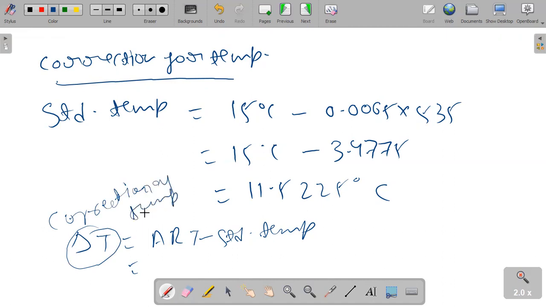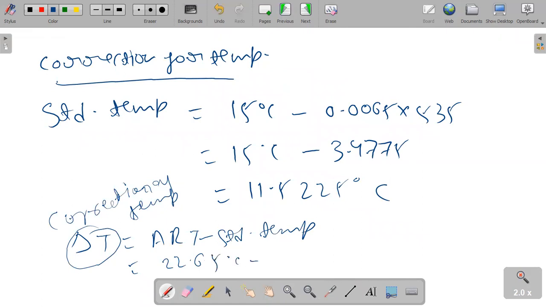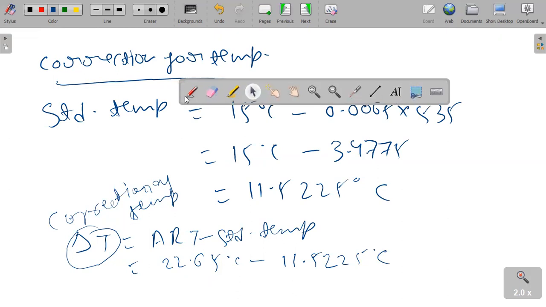We have an ART of 22.65 degrees Celsius, subtracted by 11.5225 degrees Celsius. 22.65 minus 11.5225 gives a value of 11.1275 degrees Celsius. This is the correction of temperature.